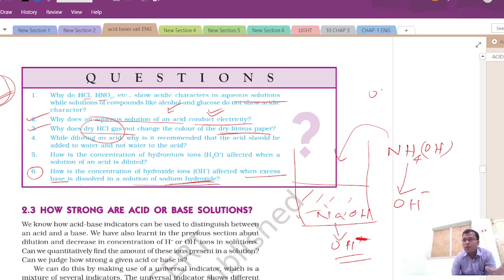Therefore, the number of OH- ions per unit volume of the solution will increase. Per unit volume, this is a term. You may call it concentration instead of number. The concentration of OH- ion will increase.